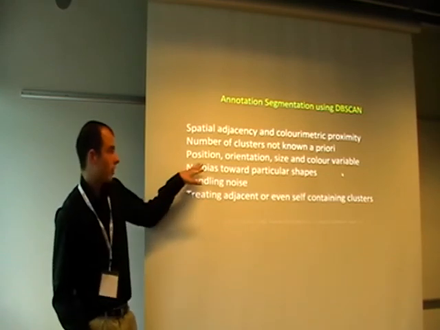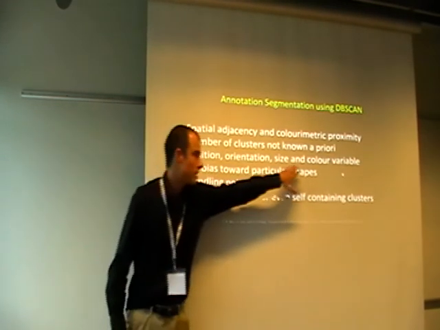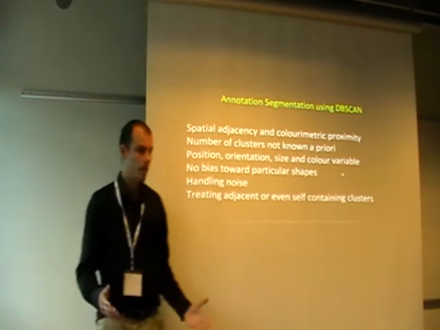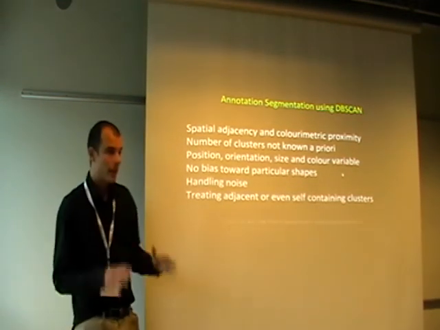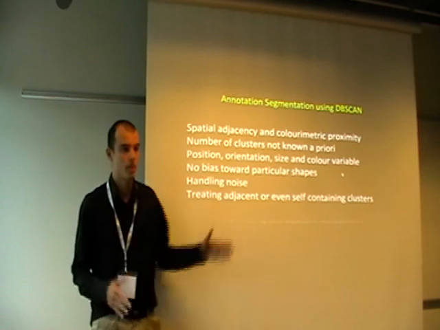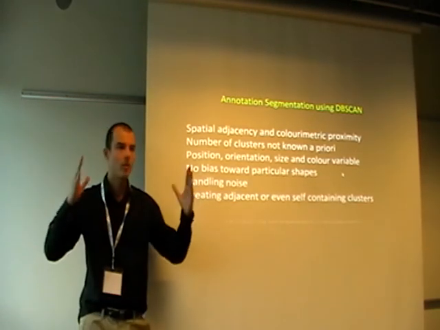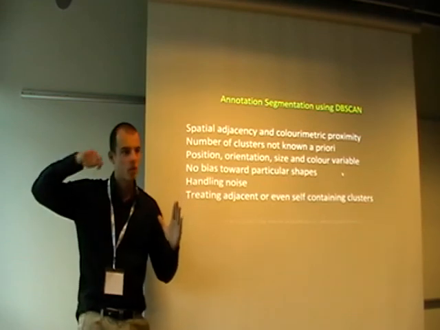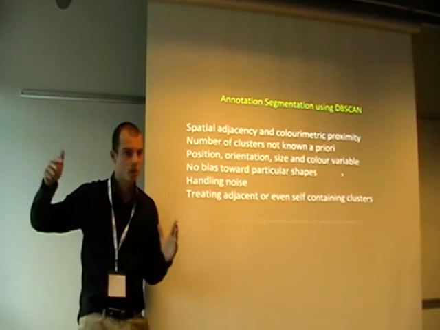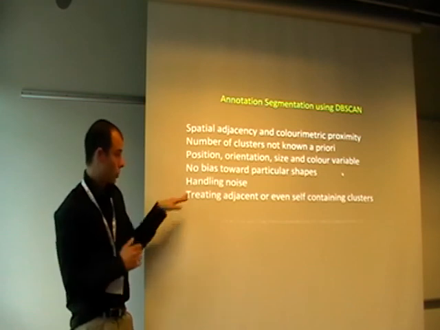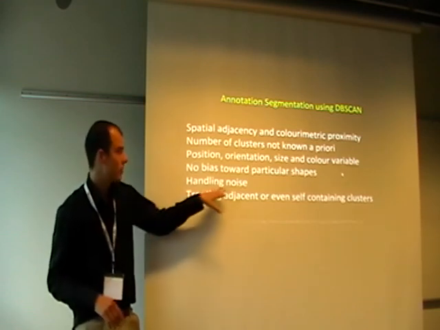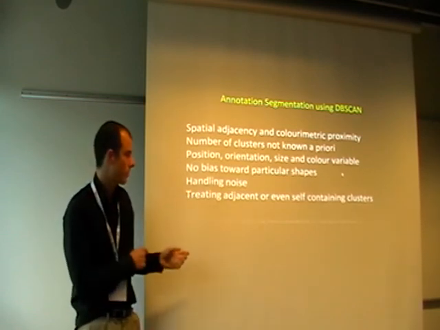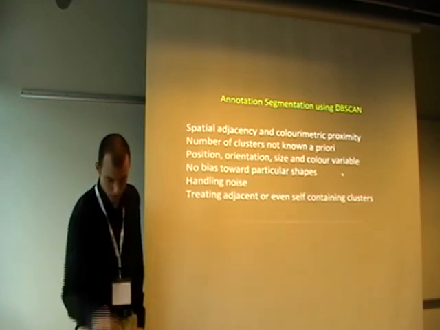We don't know the position, the orientation, the size, and the color of the annotation. That's completely variable. And there shouldn't be any bias toward a particular shape. We can have very rectangular regions, like highlighted regions, or very arbitrary pen strokes. And it should handle the noise that is inevitably introduced in the extraction process that we've seen before.